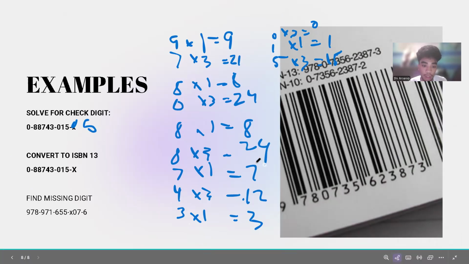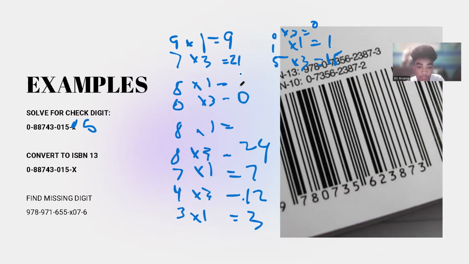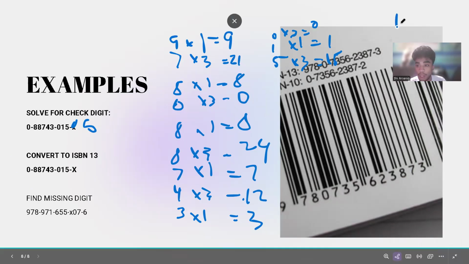Oh, wait. Sorry, there was an error. This is 0 times 3, which is 0, and 8 times 1 is 8. My apologies, that was a mistake. So we will add again: 9 plus 21 plus 8 plus 0 plus 8 plus 24 plus 7 plus 12 plus 3 plus 0 plus 1 plus 15. We have the number 108.